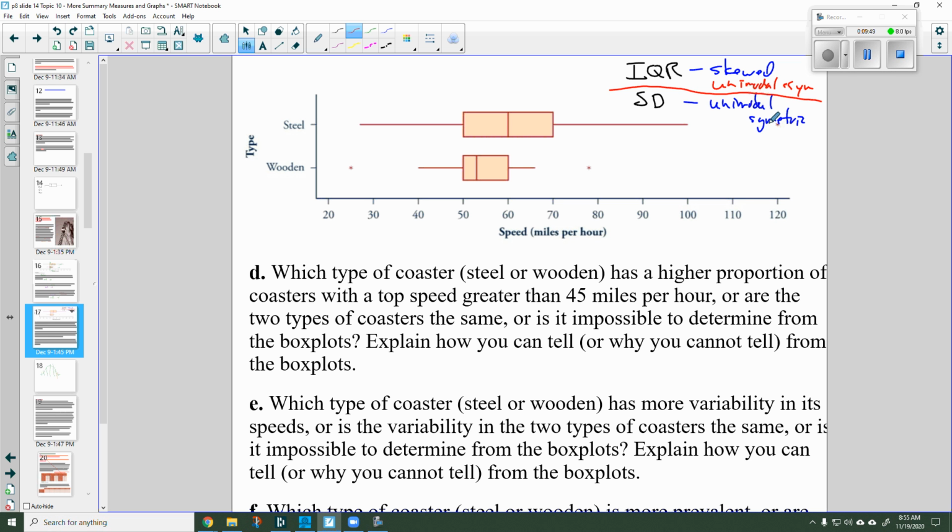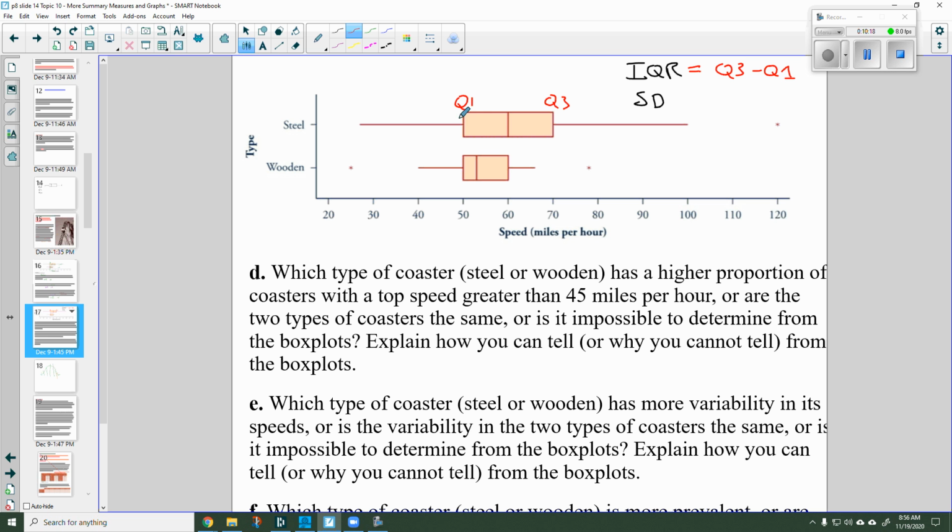But putting that aside for right now, I'm really just concerned with the box plot, which is using the 5-number summary. The lower end of the box is Q1, the upper end is Q3, and we know that IQR is equal to Q3 minus Q1.